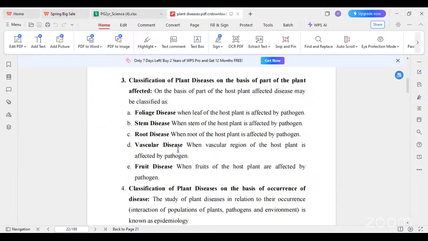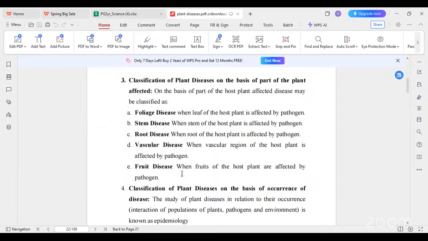When the leaf of the host plant is affected by a pathogen, it is called foliage disease. Second, when the stem of the host plant is affected by a pathogen, stem disease. The third one, root disease: when the root of the host plant is affected by a pathogen. Vascular disease: when the vascular region of the host plant is affected by a pathogen. Next one is the fruit disease. When fruits of the host plant are affected by a pathogen, it is called fruit disease.